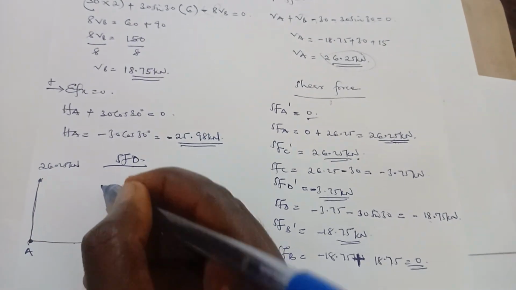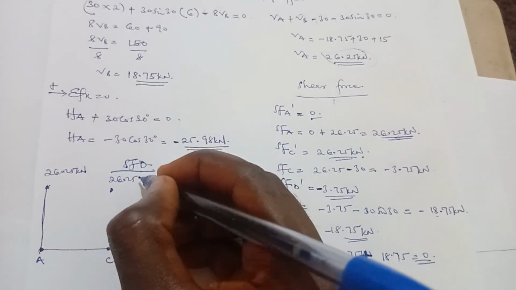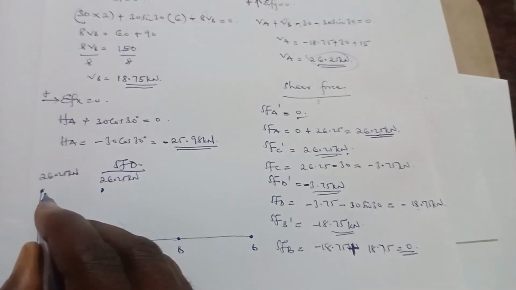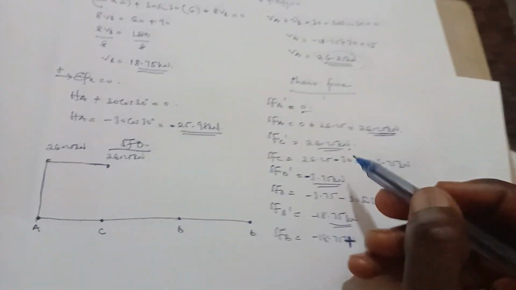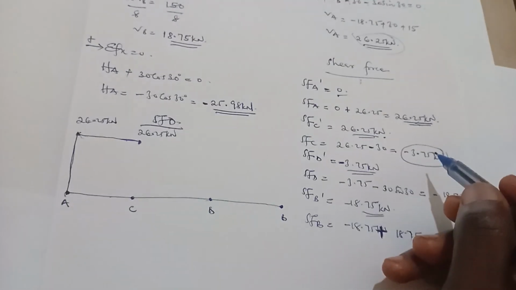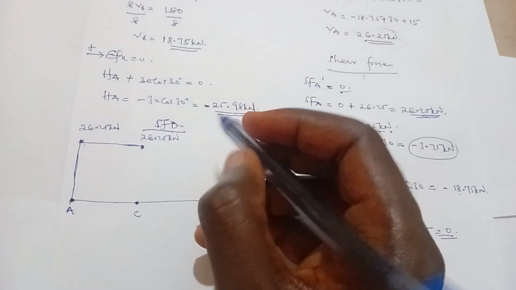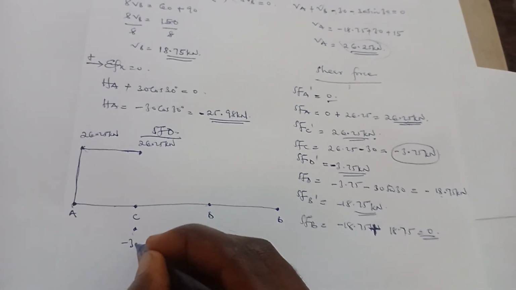So to be on the same line, 26.25 kilonewton. Then C, negative 3.75. So still at C, negative 3.75.